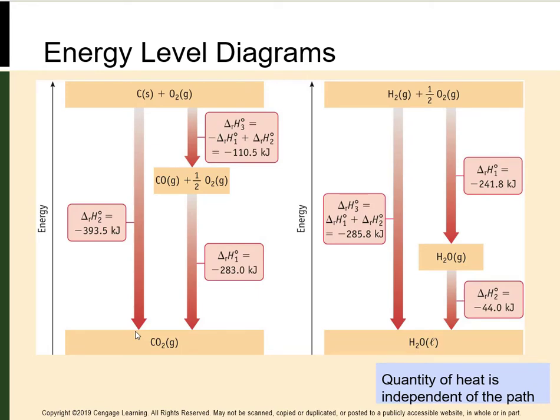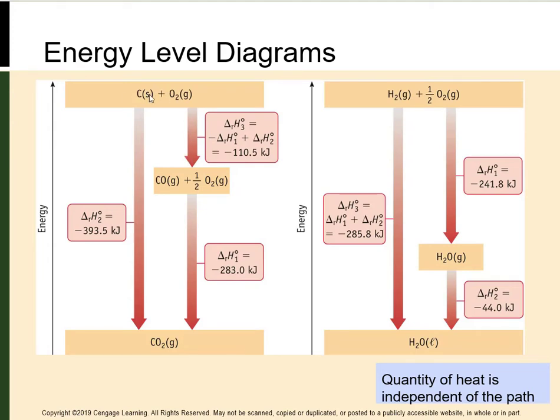This can occur in a single step, like right here on the left, or we can see on the right here, it can happen in 2 steps. It can first form carbon monoxide and then continue on to form carbon dioxide.